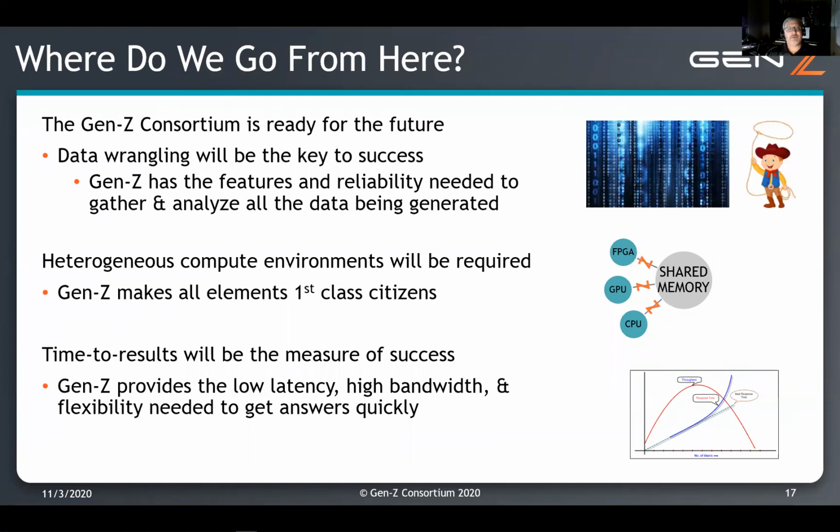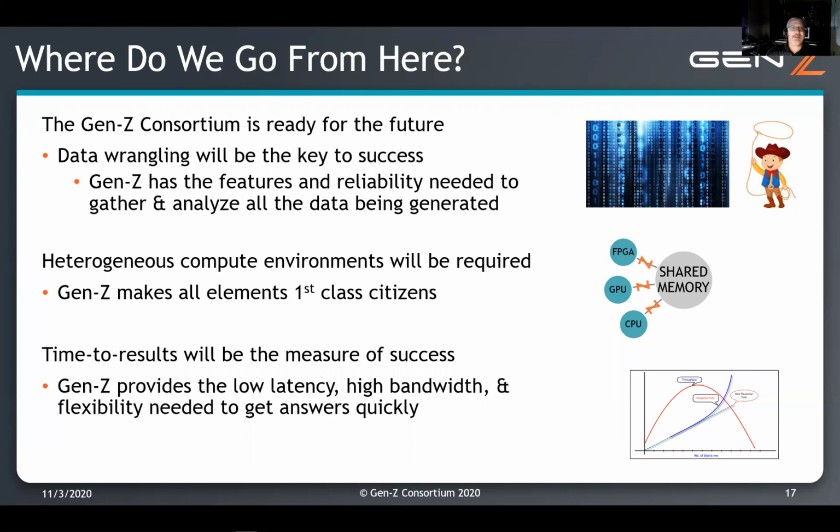And then what's next? I always like to tell people what's next. We are ready for the future. We've really thought through what the future is going to need, the kind of bandwidth and the kind of latency it is going to need. And a lot of that comes through from what I call, we've got to wrangle the data. There's a lot of folks out there talking about the amount of data that will be available each year. It's somewhere in the 165 to 180 zettabytes per year range.